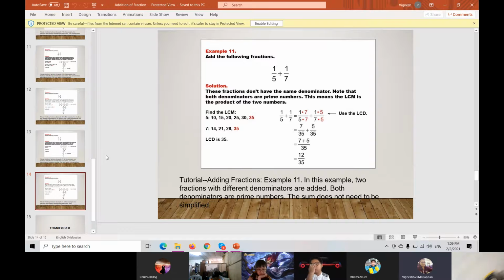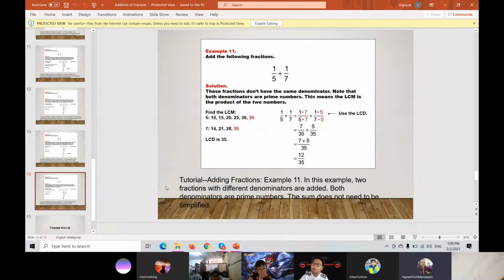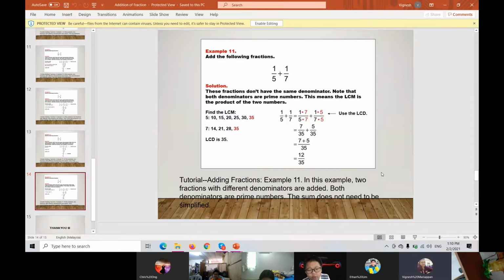Quinas, just try. Wrong doesn't matter. How to make it equal? Can I try? Now is Quinas' turn.